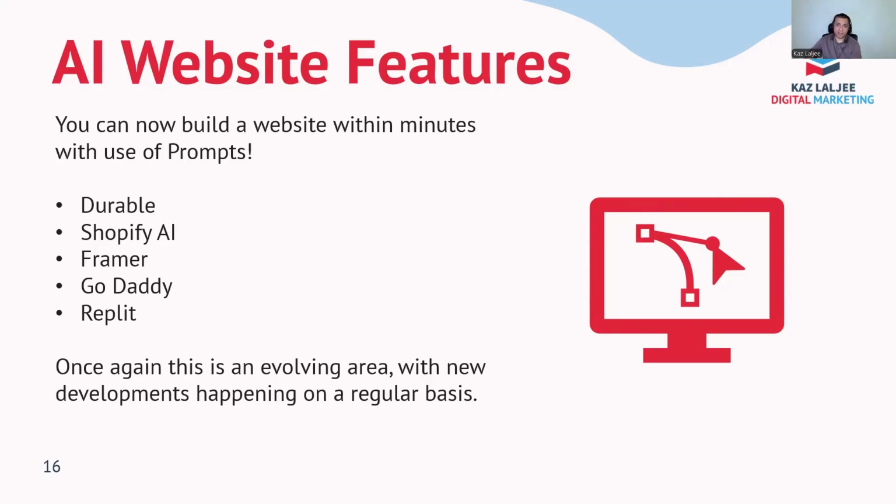So yeah, AI website features, once again, AI is having a big role to play in that. Before, we were impressed with ChatGPT creating parts of websites for us, like create this page or create that page, and then having the option of checking, copying, pasting and adjusting and editing it to our taste. You don't need to do that now. You can do it all on one platform and do your editing right there and then.